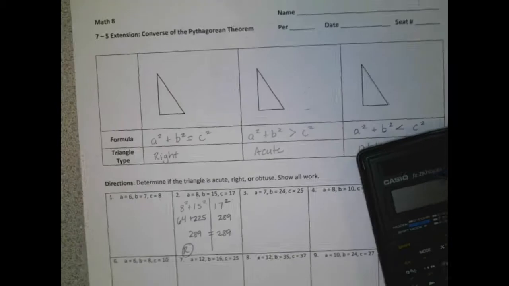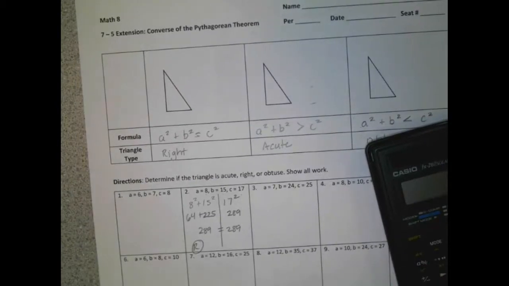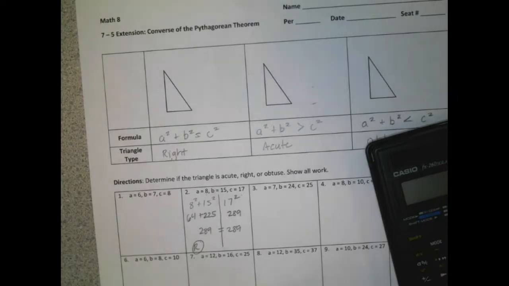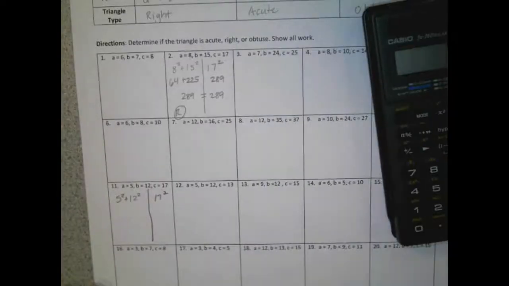All right, let's look at 11. 5, 12, 17. 5 squared plus 12 squared. Let's draw my line. 17 squared. What's 5 squared? What's 5 squared?